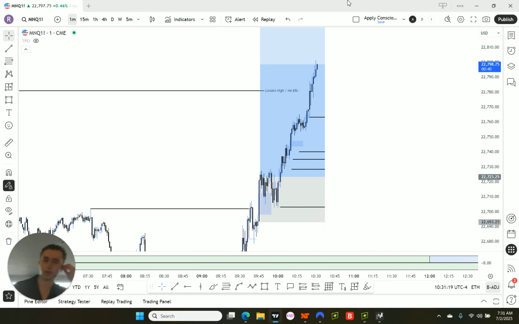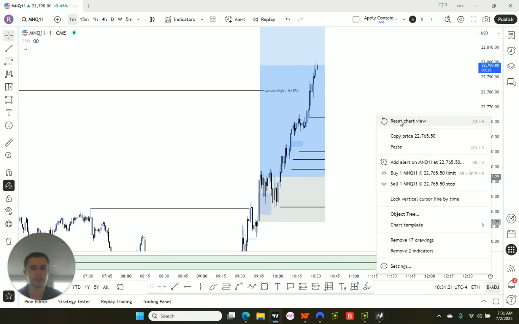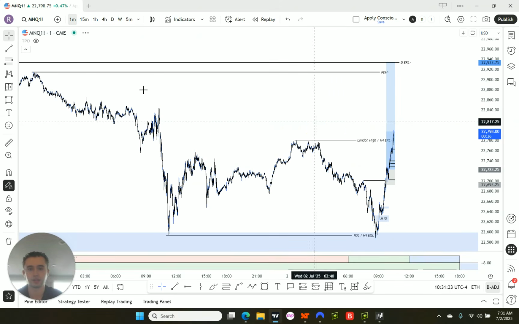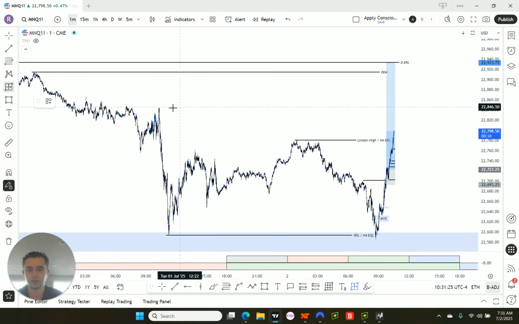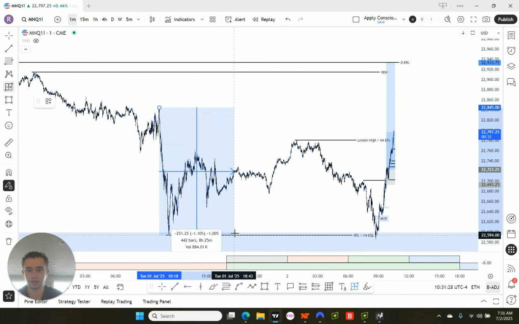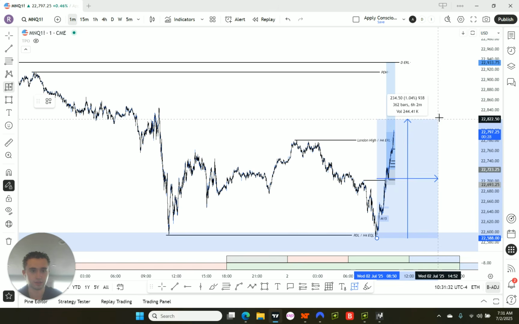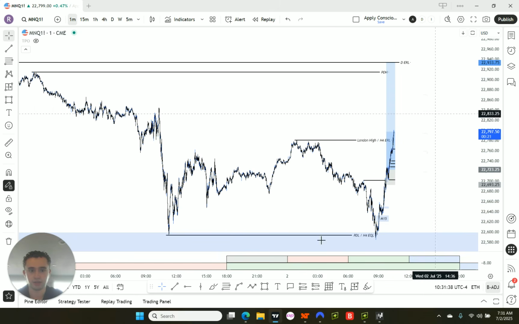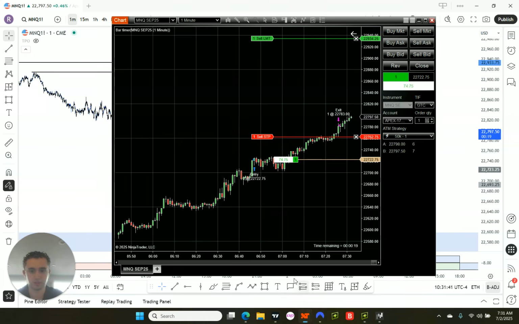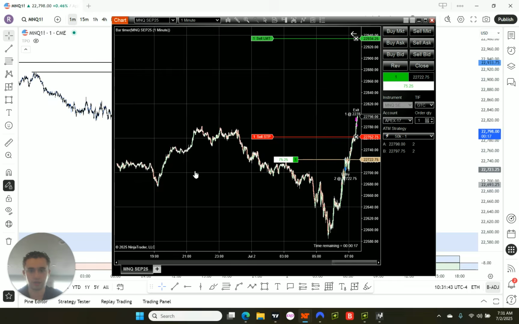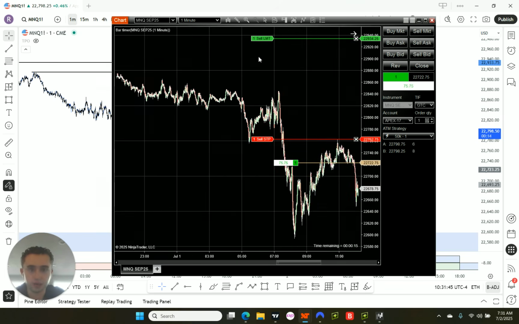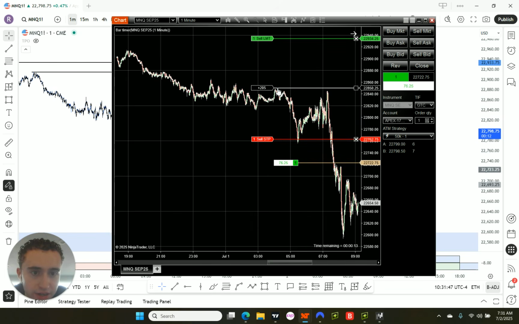Price is probably approaching average true range at this point. What was this distance? 250 points. This distance is 200. I'm gonna put my take profit at this high right up here. Let me look left to make sure I'm not being an idiot.